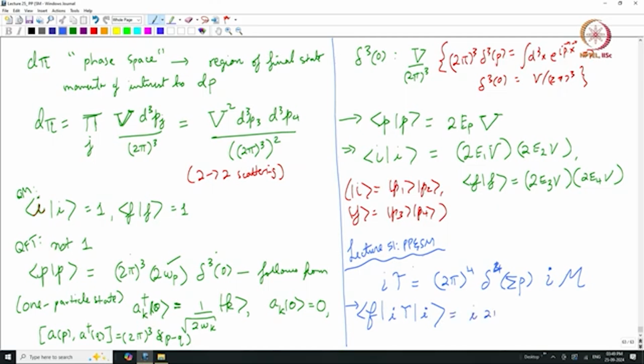That would be still this and still this. Now I pulled out the I, so I am left with some matrix element that takes the initial state to the final state, right? And that matrix element is what we call the matrix element.